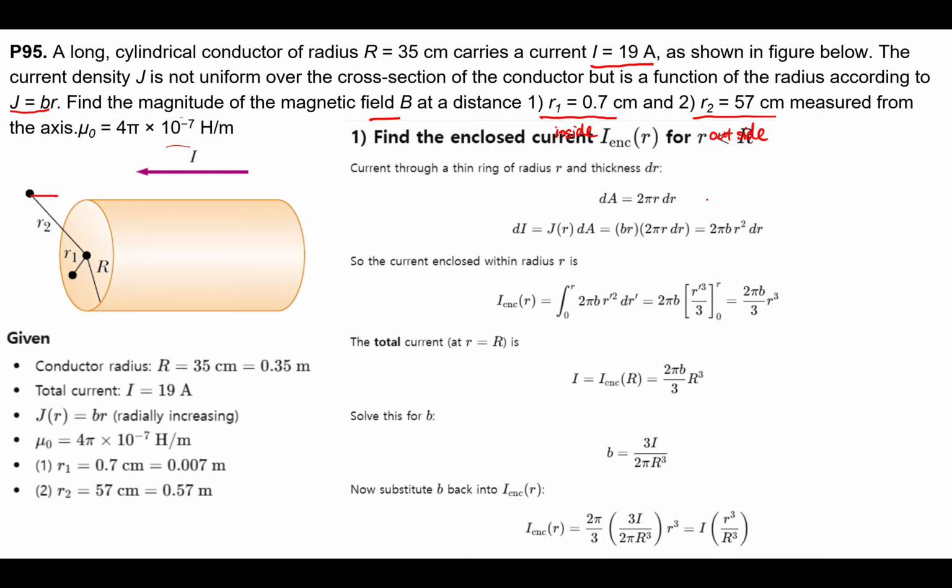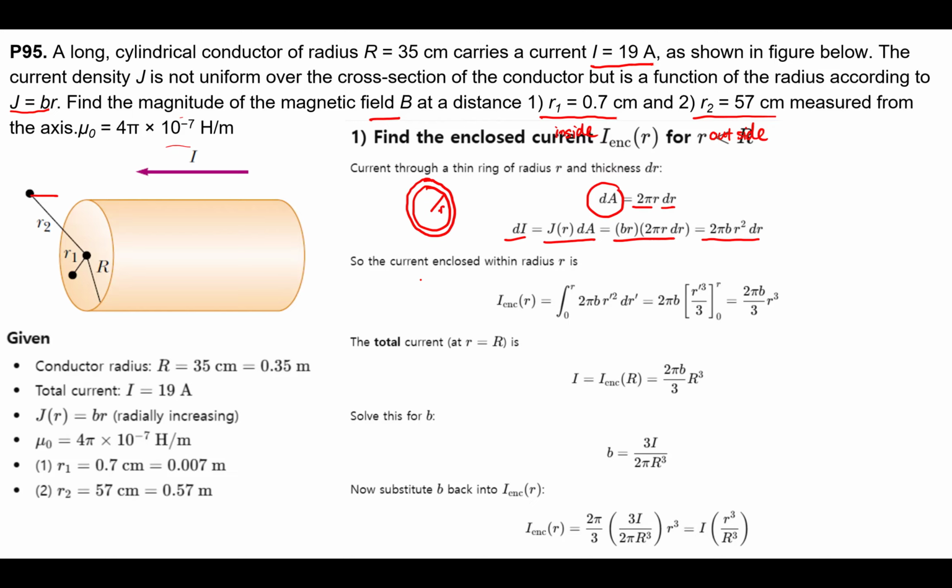So in this case, let's try to find B first. We are going to have this thin ring. So 2 pi r times dr is our area element. And dI is given by J(r) times dA, where J(r) is given by br, so it is given by this one.